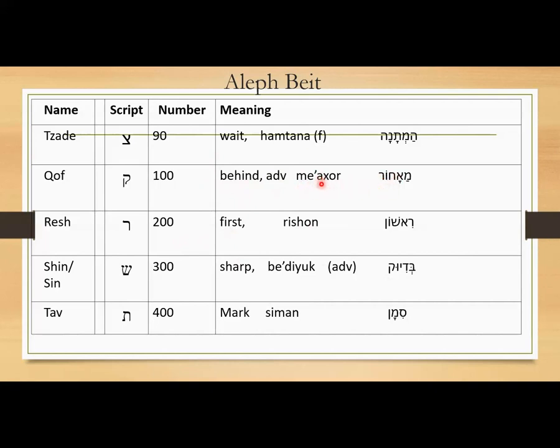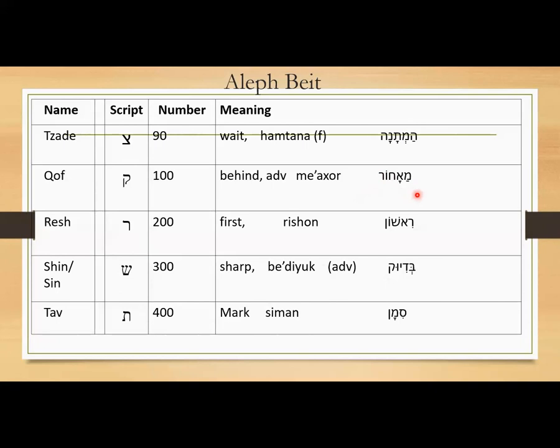There is m. It looks like an a, but we're going to say me a or r. Me a for.